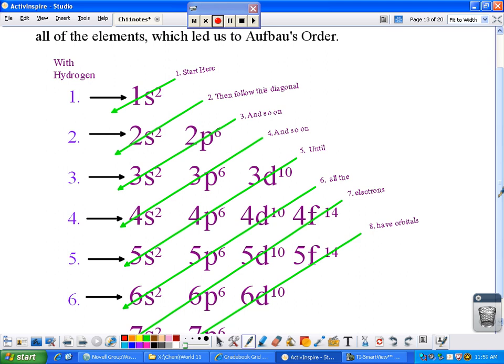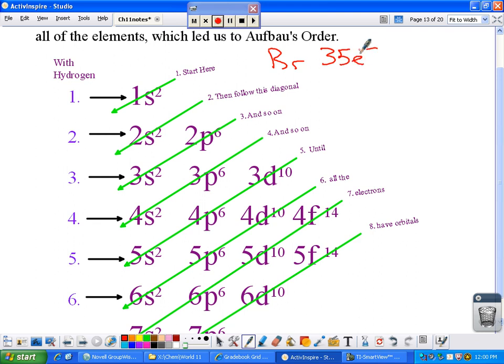Somebody tell me how many electrons bromine has. It's Br. 35. 35 electrons. Now the good news, it always starts the same. You always start here. So we always start off with 1s2. Now what comes next?